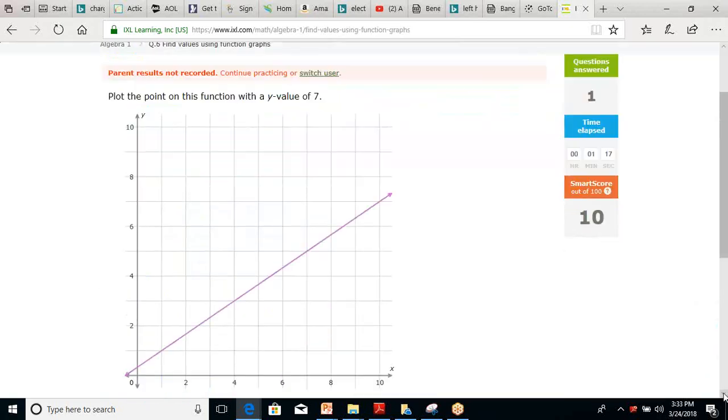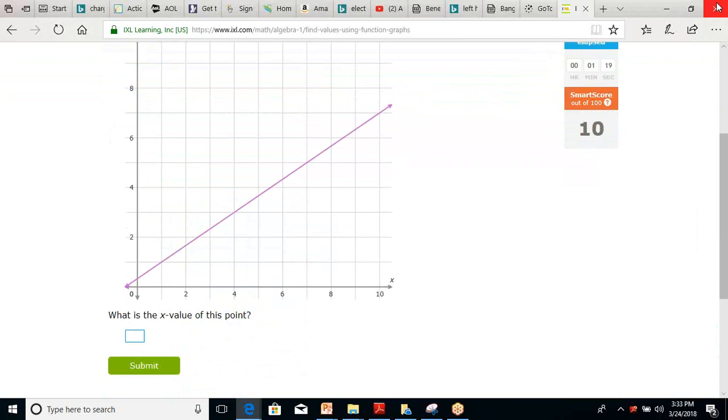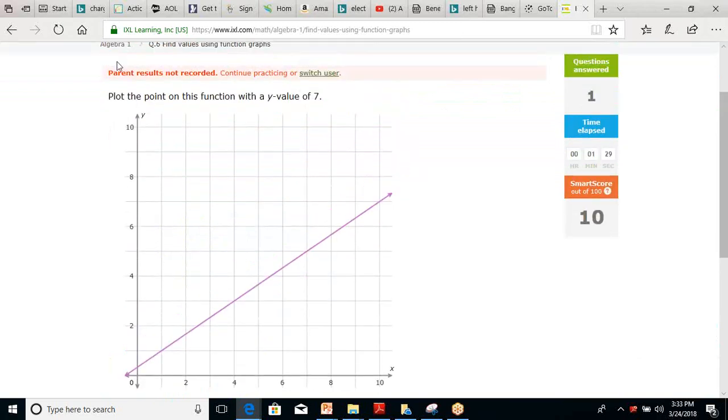So let's look at this. What is the x value of this point? It says plot the point in this graph with a y value of 7. So y value of 7 is right there, and you come straight across to see where it intersects the graph.